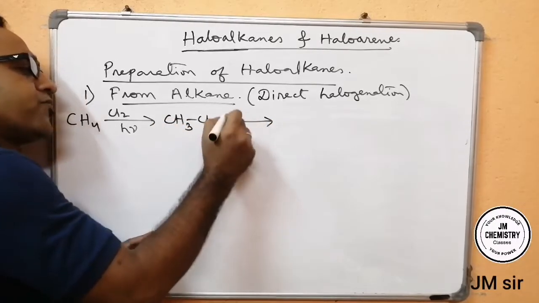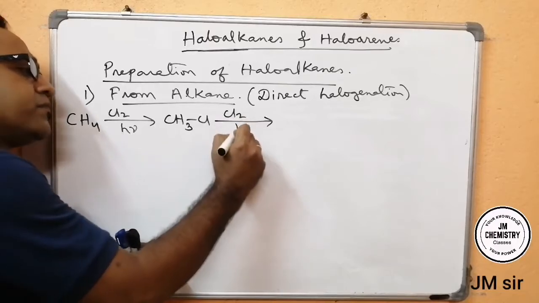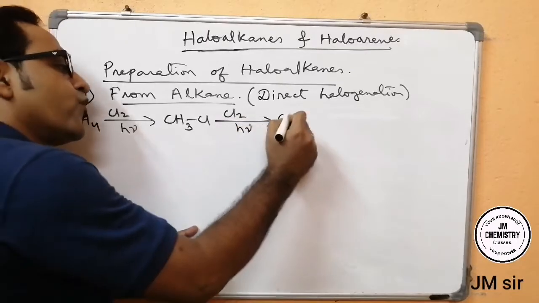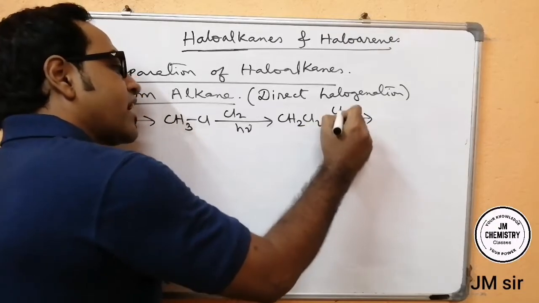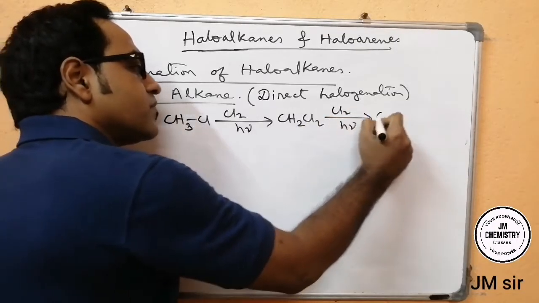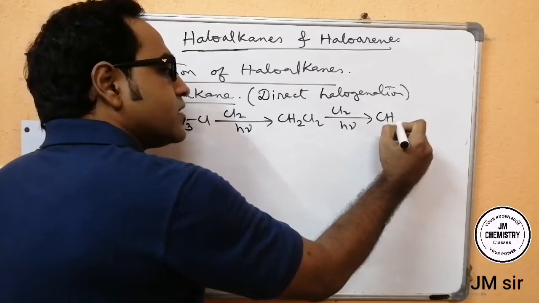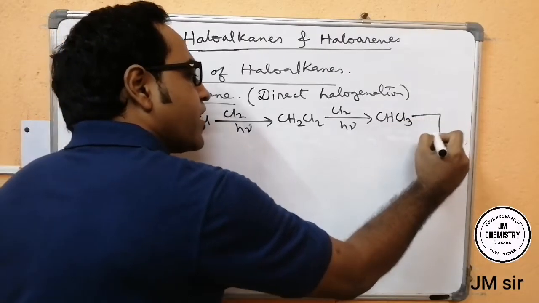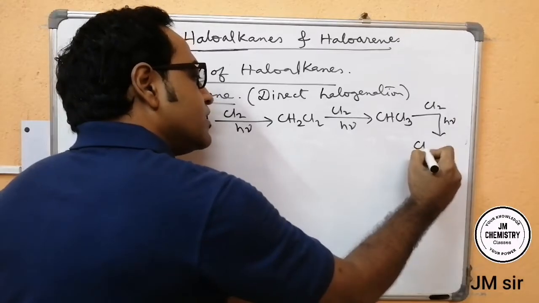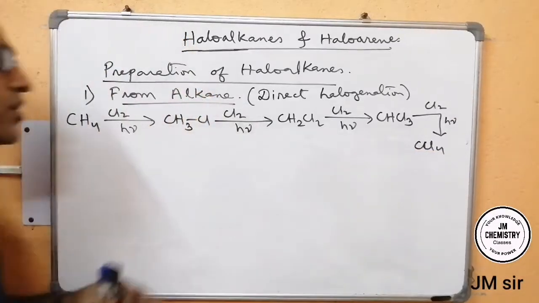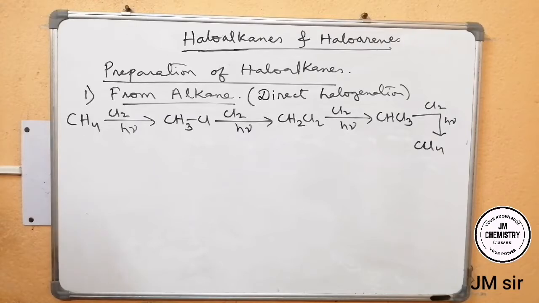This CH3Cl further reacts with chlorine in presence of hν to form CH2Cl2. It further reacts to form CHCl3. It further reacts in presence of sunlight to form CCl4. So the reaction goes on and on.